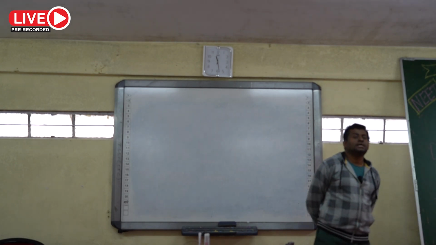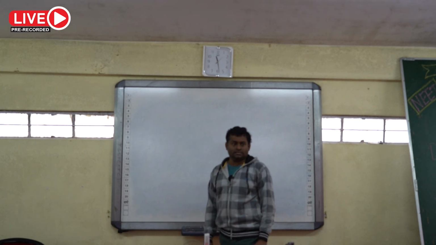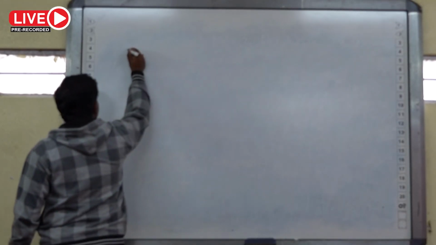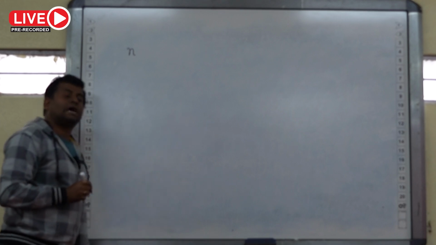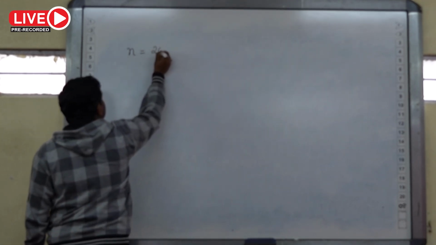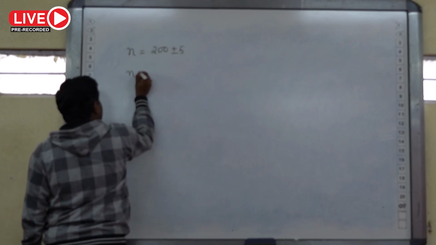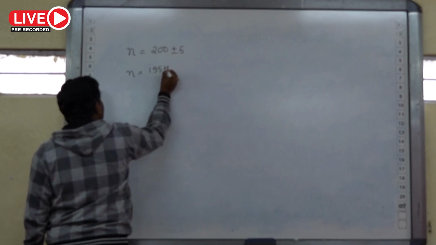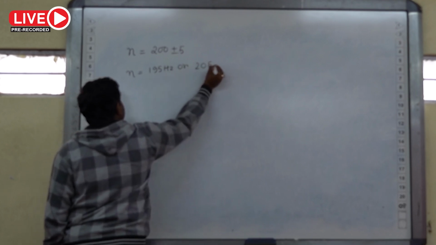See, let us consider that the fundamental frequency of the open organ pipe is N. When sounded with a source of 200 Hz, it produces 5 beats, so N should be 200 plus minus 5. So N can be 195 Hz or 205 Hz.